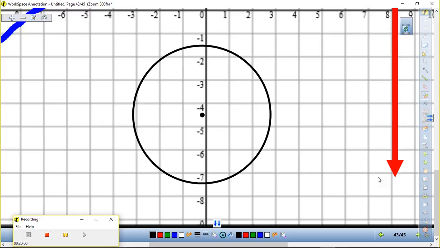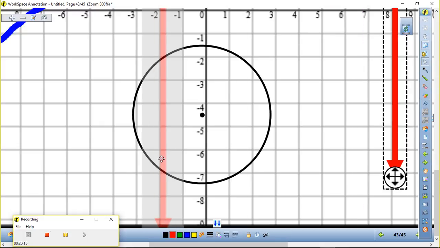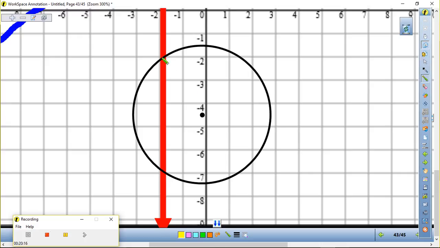Does it touch at 2 spots? Yes. Then it's not a function. Here, let me move my vertical line. This one touches here and here. Do you guys see that? Then it's not a function. And that's how we can check if a graph is a function or not without doing any mathematics. Does that make sense? All right.